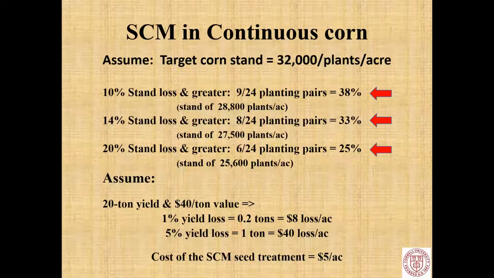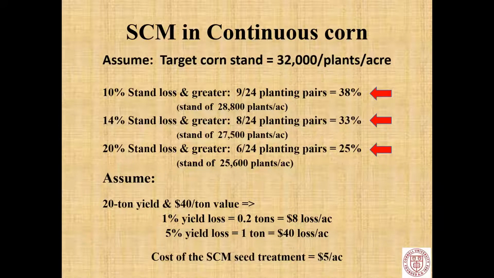So what is this in terms of dollars? Well, I queried the people who know across the regions, and they said a 20-ton yield of silage is typical, and the value was $40 a ton. So if we had a 1% yield loss, and we all know we can never measure that, we're talking about an $8 loss, 0.2 of a ton. 5% yield loss, we're looking at $40 or a ton.